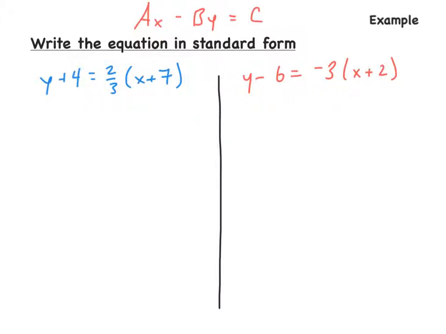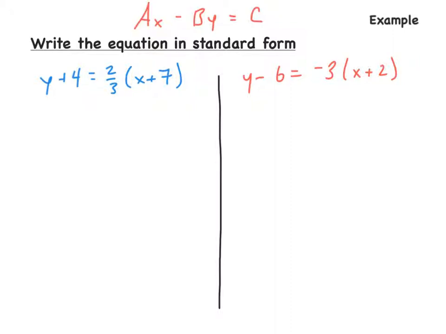So the first one, we have a fraction here of 2/3. I don't really like working with fractions, so to get this 2/3 out of the way, I can multiply 2/3 by 3.